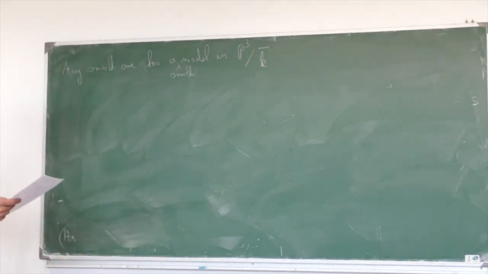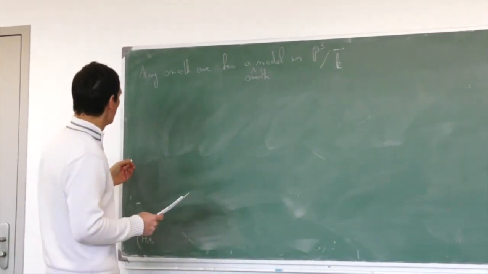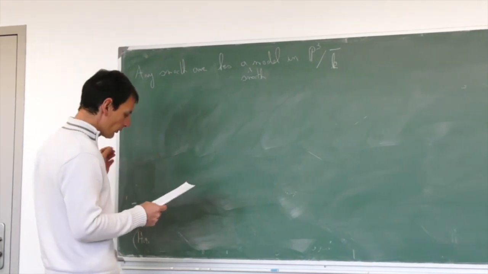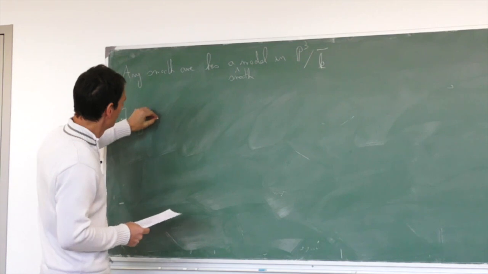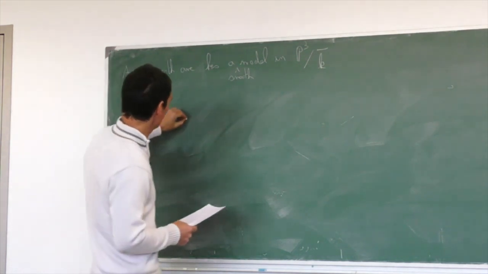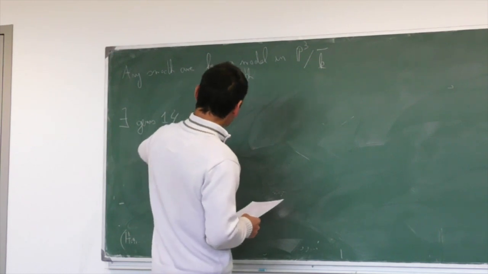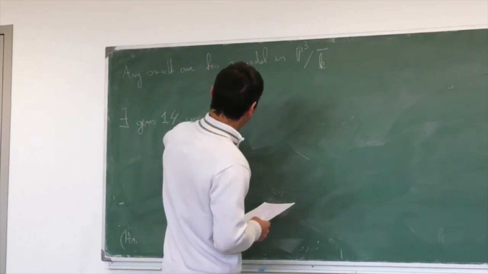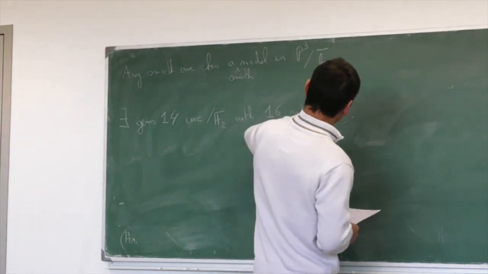In order to find a counterexample to show that you can't maybe put all smooth curves inside P3 over a finite field, you would have to go a bit higher. But looking at manypoints.org, you find an example. So there exists a genus 14 curve, so this is quite high, over F2 with 16 rational points.